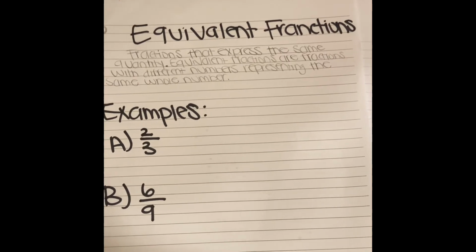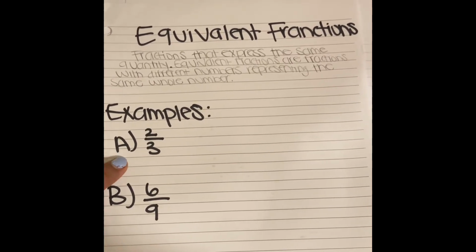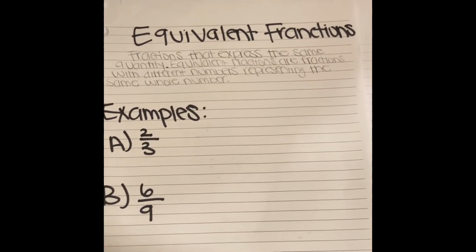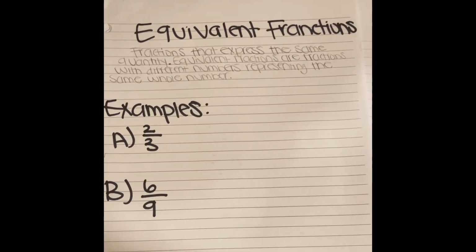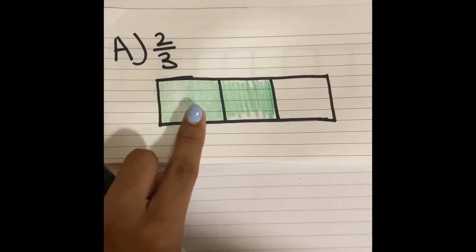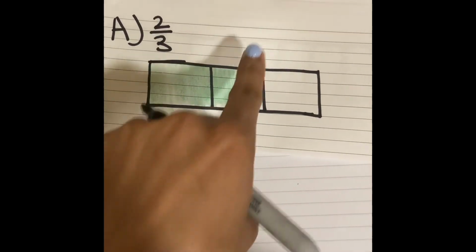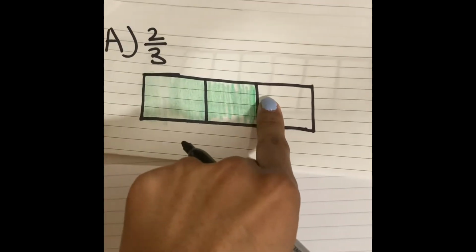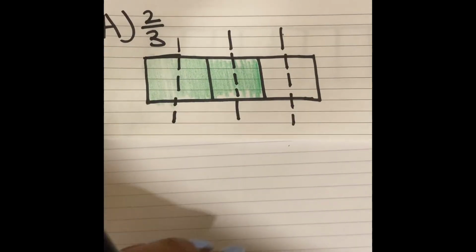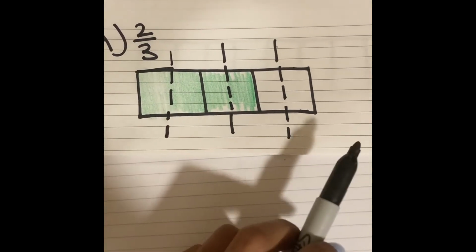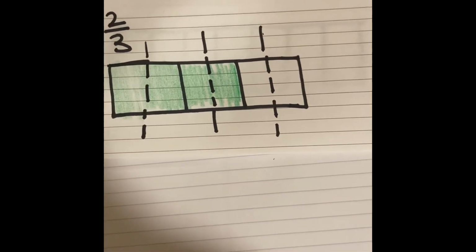We're going to start with example A. It's 2/3 and B 6/9, and we're going to try to find the equivalent fraction. To find the equivalent of 2/3, we're just going to add dashed lines going through each of the squares. Now that we've added the dashed lines, we can see that there is a new fraction.